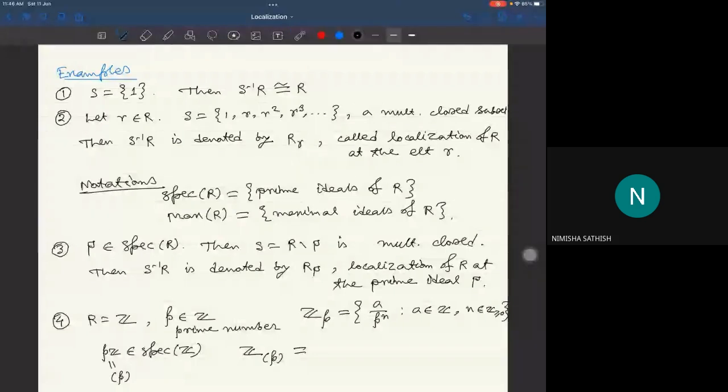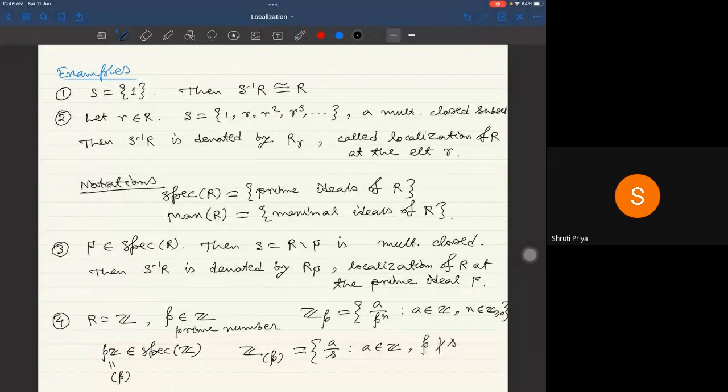Can anyone tell me? Yes, it is a by s. And what should be the condition on s? p shouldn't divide s. Exactly. So s should not be in this prime ideal, the ideal generated by p. So p should not divide s.